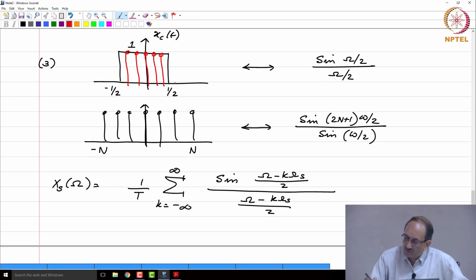The next sample is here and the next sample is here. That is, after this sample, the next sample falls on this point and similarly on this side it falls on this point.